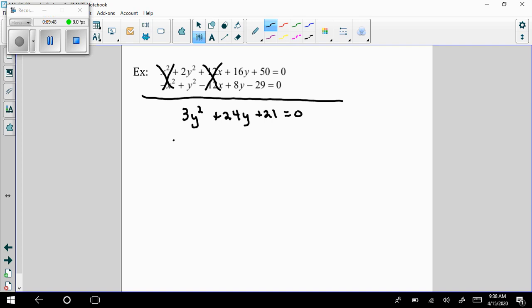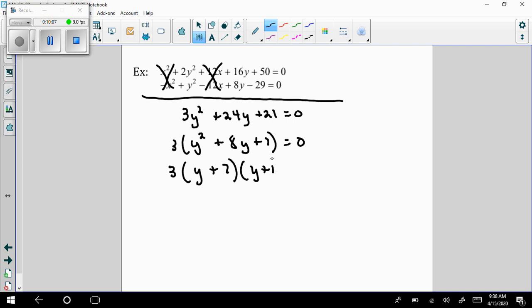Again, greatest common factor makes this easier to factor. So pull out a 3. So factor your quadratic, y plus 7, y plus 1. So I have y is equal to negative 7 and y is equal to negative 1.